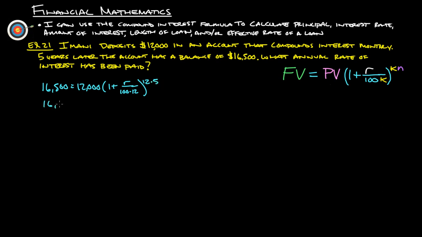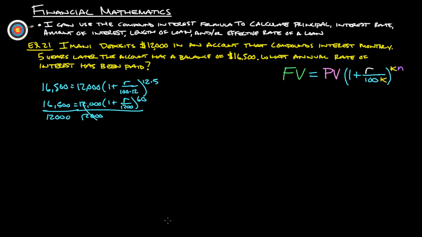Okay, so we got 16,500 equals 12,000 times 1 plus r over 1,200, all to the 60th power, right? So what we want to do, divide both sides by 12,000, to get rid of that 12,000, because we're just going to have to peel everything off until we can get everything away from the r to get r all by itself.